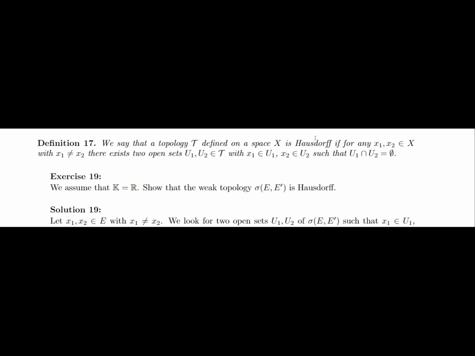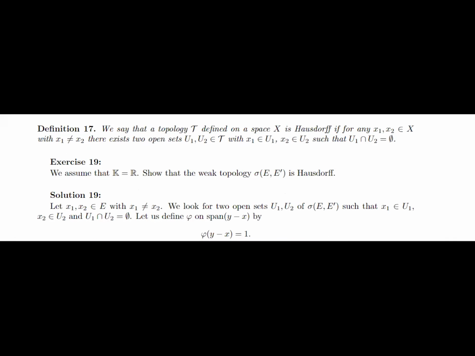What's the idea here? Since x is different from y, let's define one function phi. I want to define a linear continuous function phi, and let's choose phi such that phi at y minus x is 1.